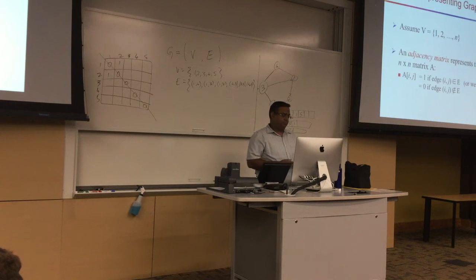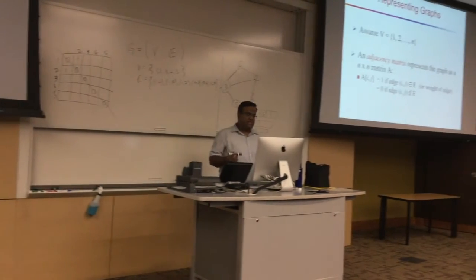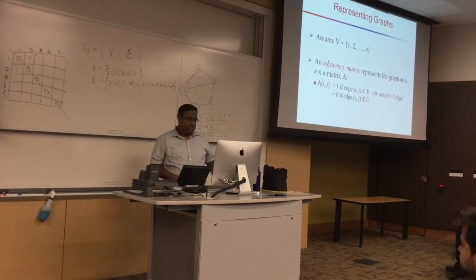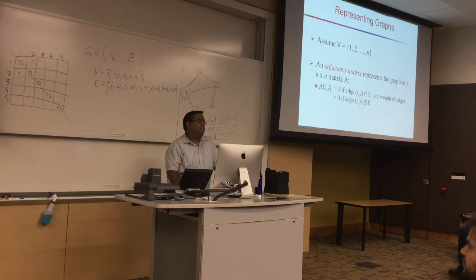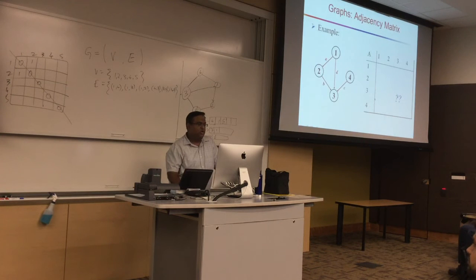Yes. An adjacency matrix represents the graph as an n by n matrix, and the value that you have at a_ij, if a is the name of your matrix, is 1 if edge ij is present in the set of edges, and 0 if edge ij is not present in the set of edges. So what would be the adjacency matrix for this? Pretty easy.